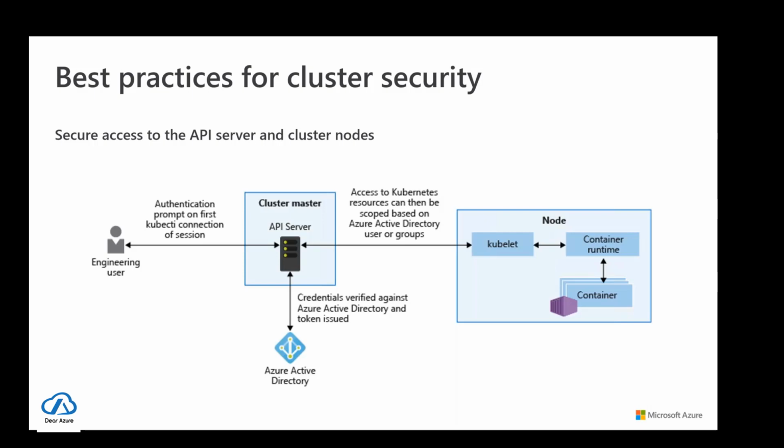I already mentioned before, so I'm repeating this for the last time, to use a combination of Azure Active Directory and role-based access control to control access to the API server. So in this way, you can secure AKS in the same way as you secure any other application that you run on Azure using the same Active Directory.